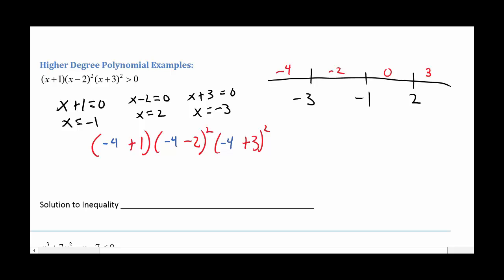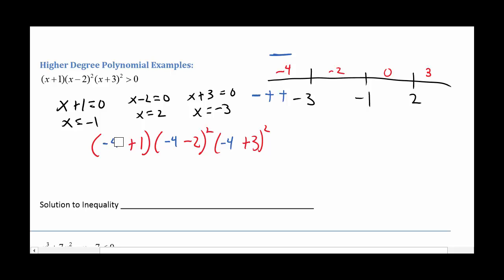So -4 plus 1 is a negative number. -4 minus 2 squared, well, even though inside it's negative, when I square it, I get a positive number. And the exact same argument for the last one, -4 plus 3. Whatever I get, I'm going to square and I get a positive. So I have a negative times a positive times a positive, which gives me a negative result.